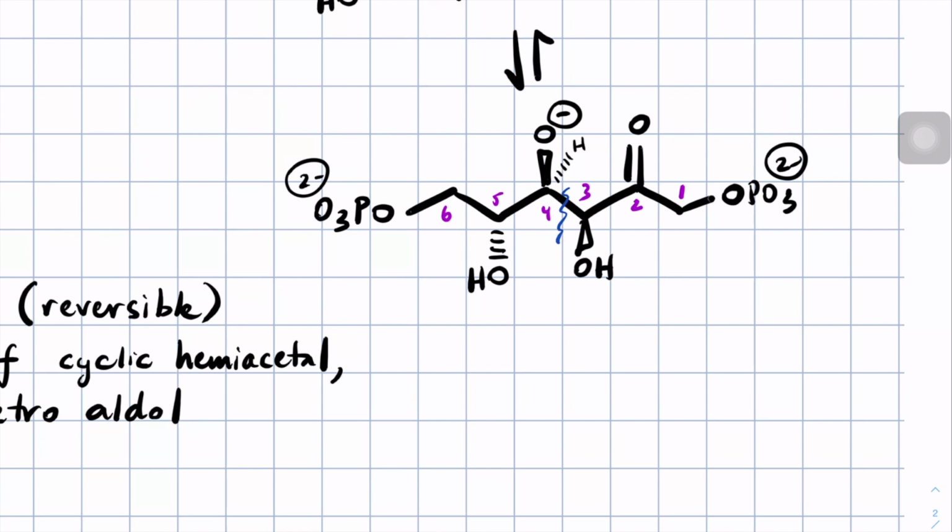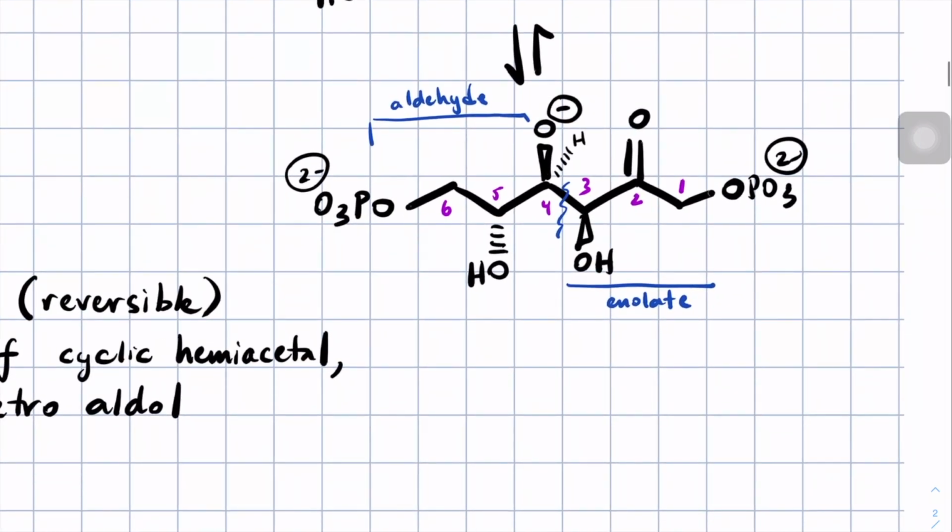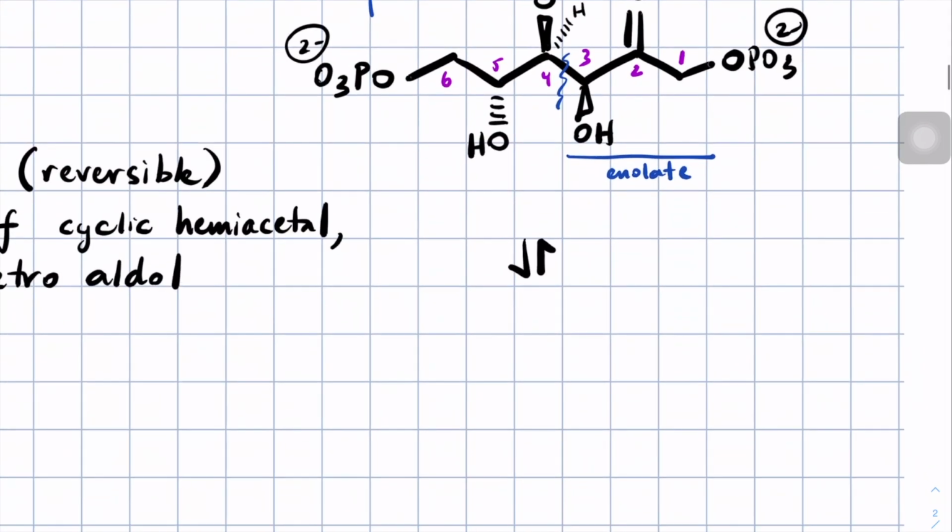So this side, carbons 1, 2, and 3, would have been our enolate. And then this side, carbons 4, 5, and 6, would have been our aldehyde. So let's just imagine what that would look like.